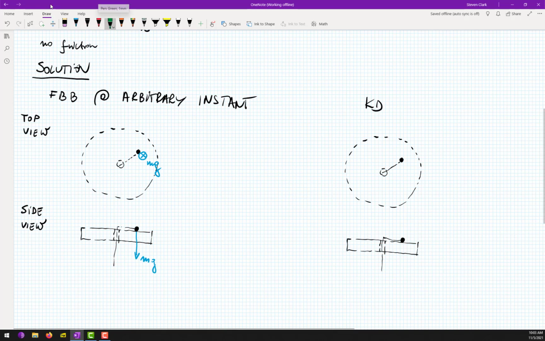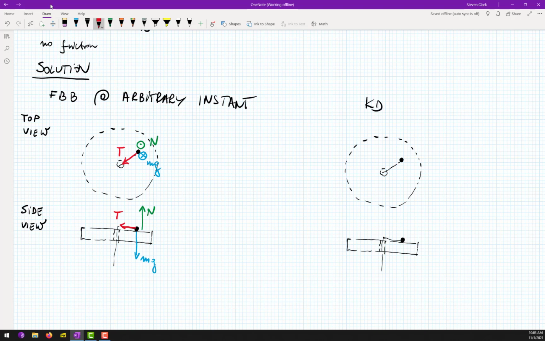So the reaction force will be green, so there will be reaction force N and N. And there's one more force, and you all see that it's tension in the rope. So it will be this vector. There are no more forces.